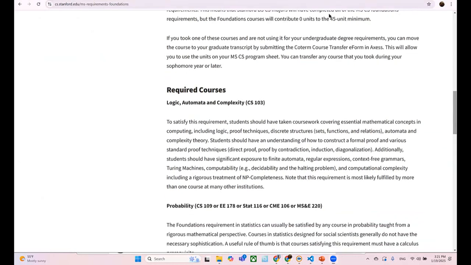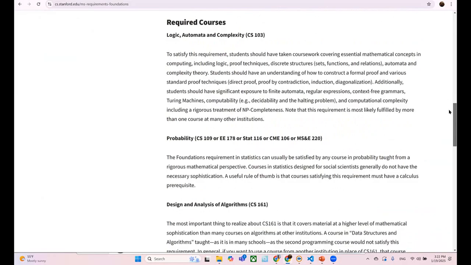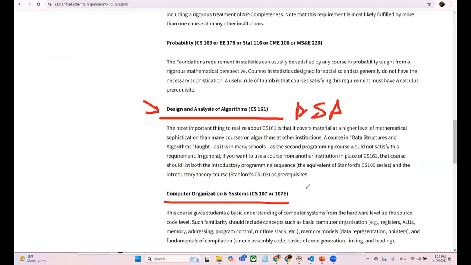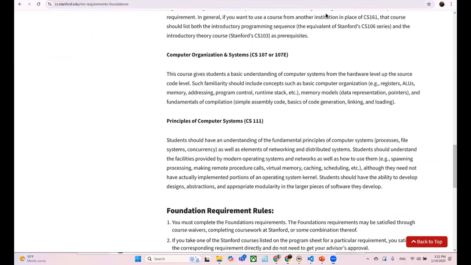So here, required courses: logic, automata, probability. Then algorithms, which is related to DSA. This one is hardware. This one is computer architecture. And this one is operating systems and networks.